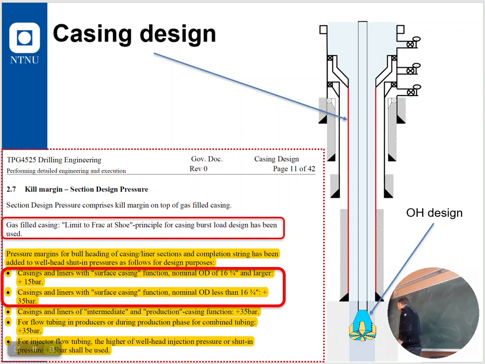You can fill this casing, I'll go with green as the best color on a green board, you can fill this casing to the top with gas. That's what you can do. But you cannot exceed the fracturing pressure.